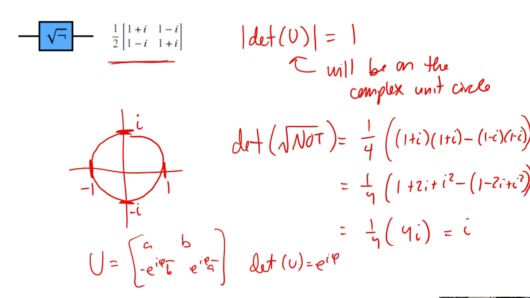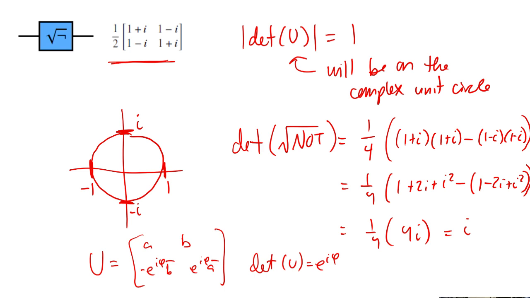So the determinant doesn't have to be 1. It could also be i, it could also be minus i, it could also be anything else that's on that unit circle. So when we do this determinant, we're going to get that it's equal to 1/4 times (1 plus i)(1 plus i) minus (1 minus i)(1 minus i).